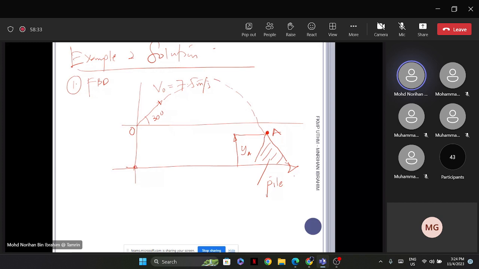So let's say here is our origin. Let's say we consider it as B. B is the origin. So from B to A, it has a distance of XA, which is equal to 6 meter.